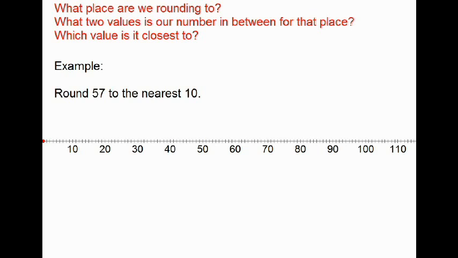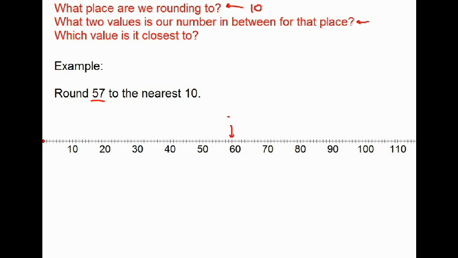So for this first example, we're going to round 57 to the nearest 10. With our first question here, what place value are we rounding to? We're rounding to the nearest 10. Now, question number 2 says, what two values is our number in between for that place? Here I've drawn a number line, and if we place 57 on that number line, it would be right there.